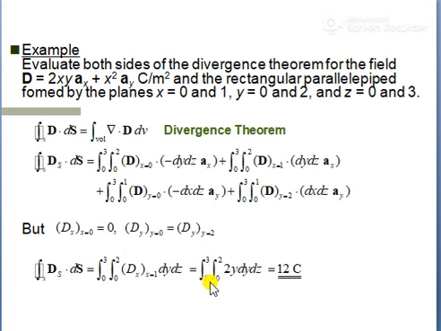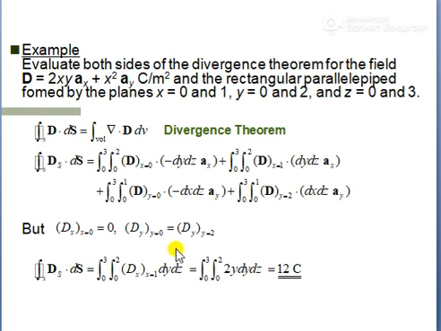So here, for dx it is 2y, and for ay it is nothing, only it is along with dx. So it is 2y dy dz over this limit, and we get 12 coulomb.